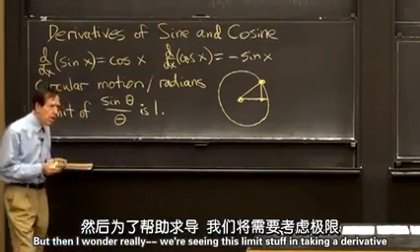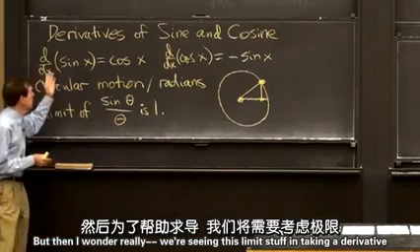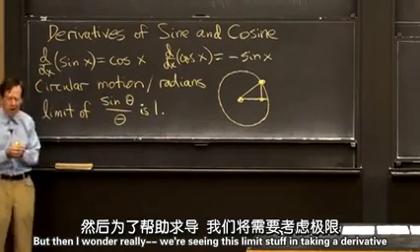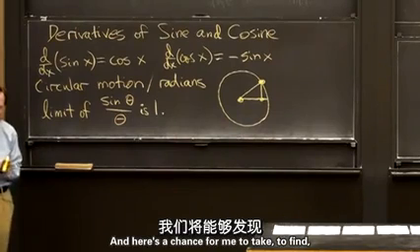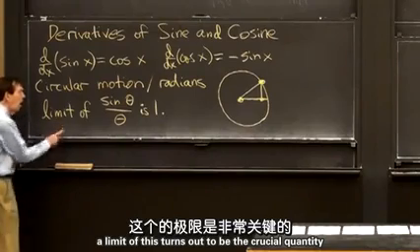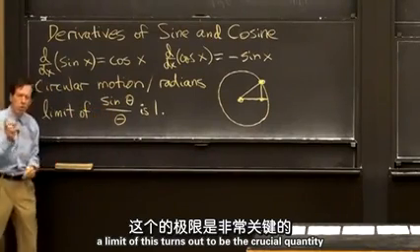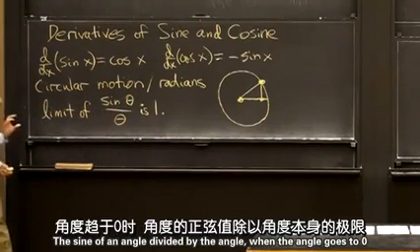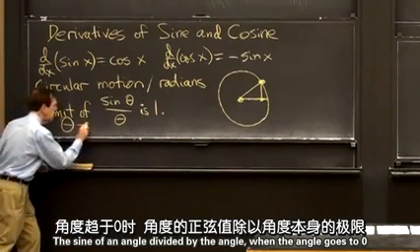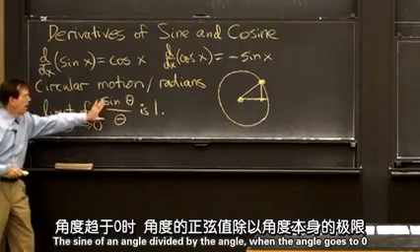But then we're seeing this limit stuff in taking a derivative. And here's a chance for me to find a limit that turns out to be the crucial quantity: the sine of an angle divided by the angle when the angle goes to 0.